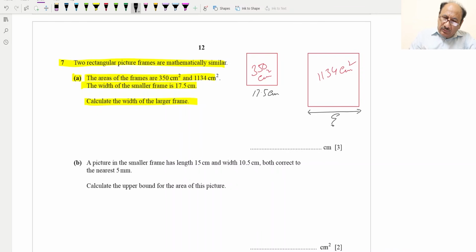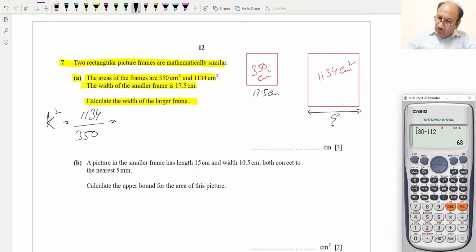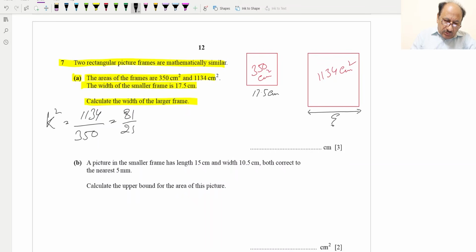Now we can check the ratio between areas, and for the ratio between areas we will take k square because this is area. So it will be 1134 divided by 350, and this will be equal to 81 over 25.